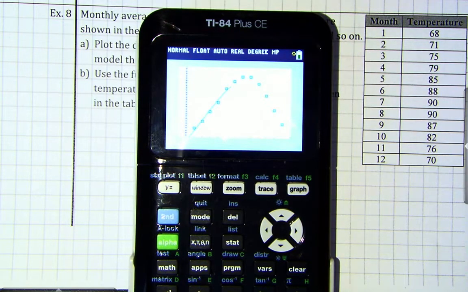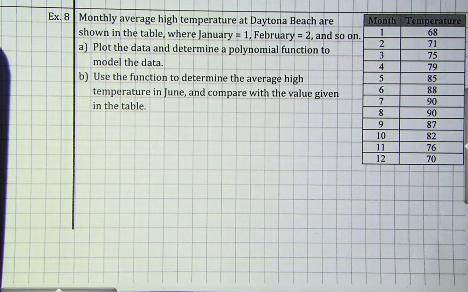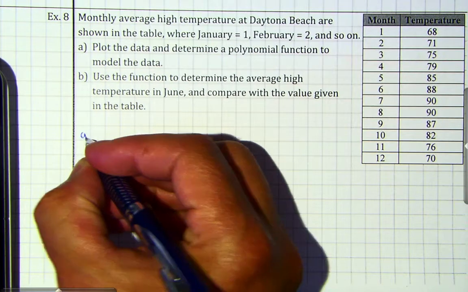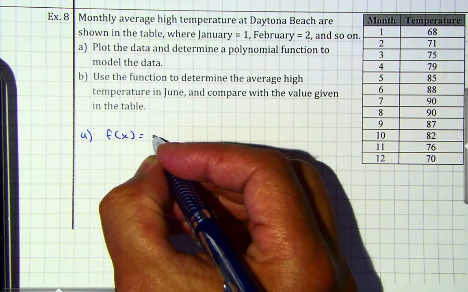Now notice that it goes through most of the points. It's not going to go through every single point, but it's going to go through most of the points or just in between them. And that is a function. So for part A, if you guys can just write down the equation, and I just need 2 decimal places. So therefore it'll be for part A, f of x equals -0.05.